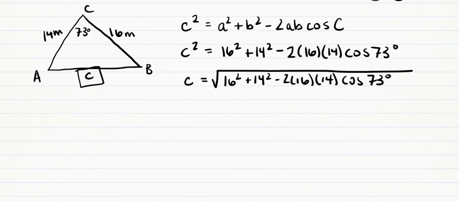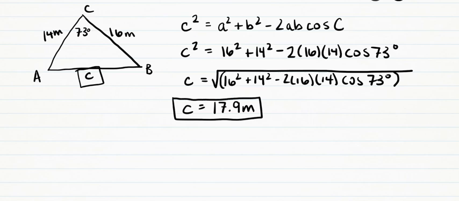And when you type this in on your calculator, it's possible you may need to put in an extra set of brackets here just to make sure that you're actually taking the square root of that entire expression. And if you type that all into your calculator all at once, you get that C is about, rounding to one decimal place, 17.9 meters.